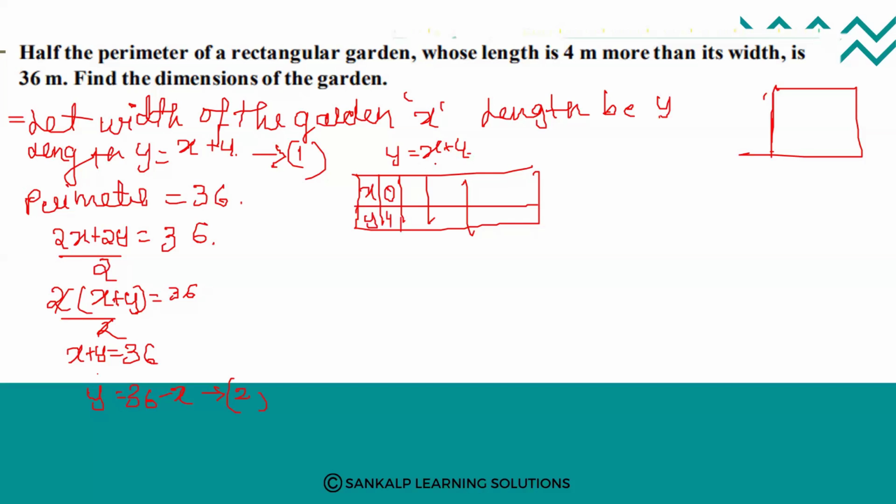If x is equal to 2, 2 plus 4 is 6. If x is equal to 3, 3 plus 4 is 7. And x is equal to 4, 4 plus 4 is 8. And x is equal to 8, then it is 8 plus 4 is 12. And x is equal to 16, then it is 20. Right.